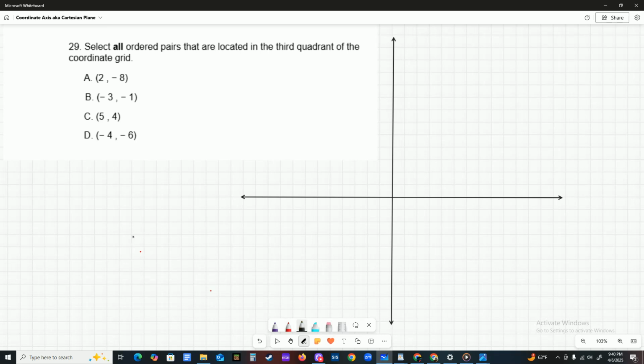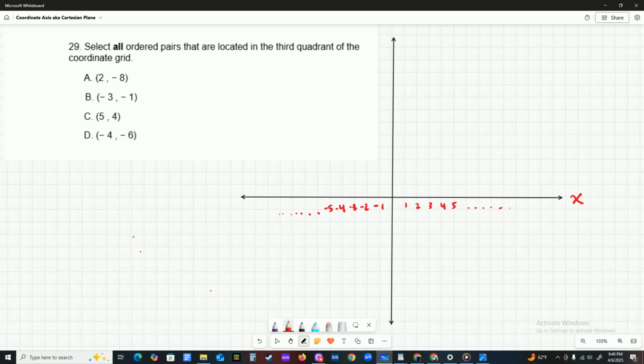If you recall correctly, horizontally is the x-axis. So here's 1, 2, 3, 4, 5, and so on. Backwards, it's -1, -2, -3, -4, -5, and so on. It goes on forever.